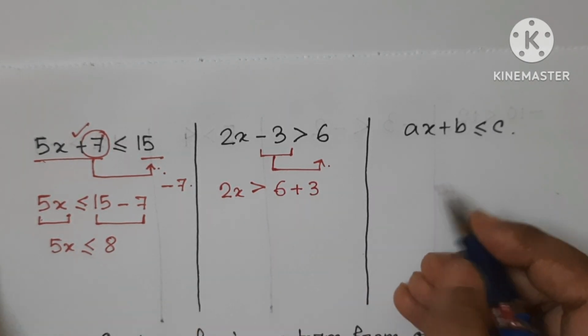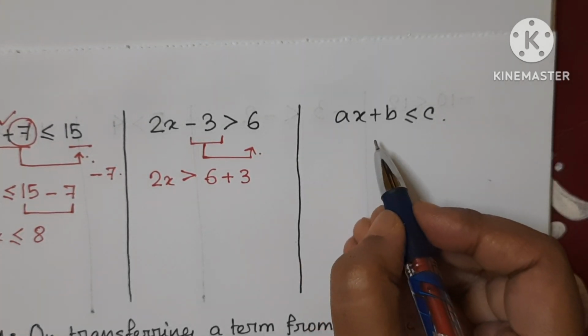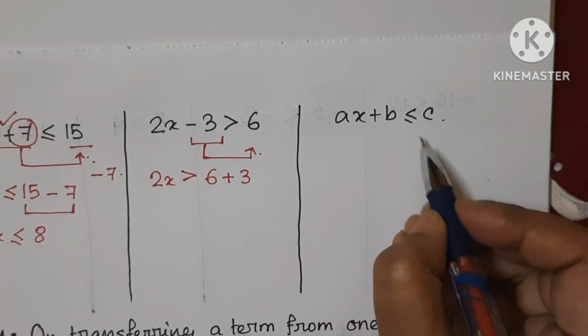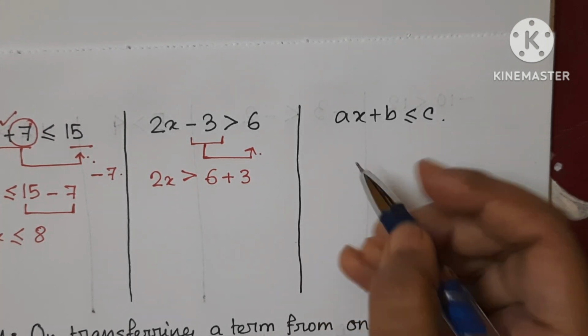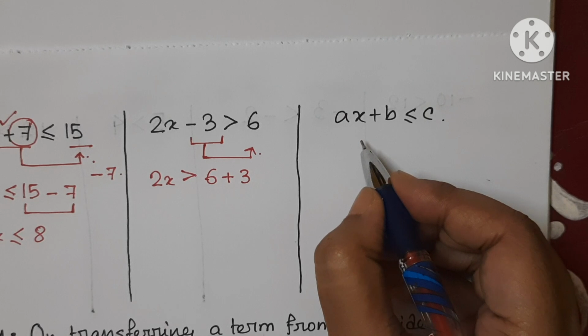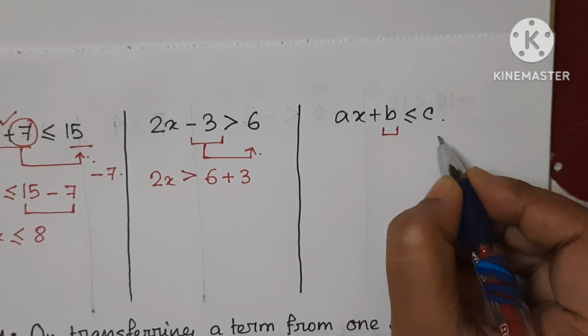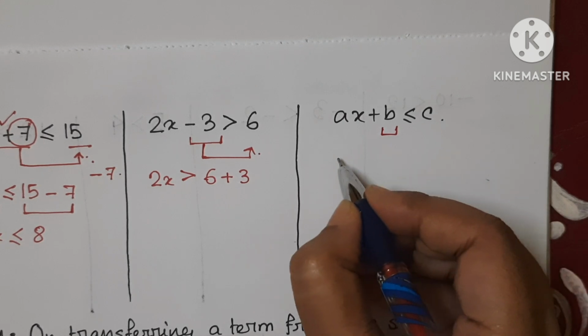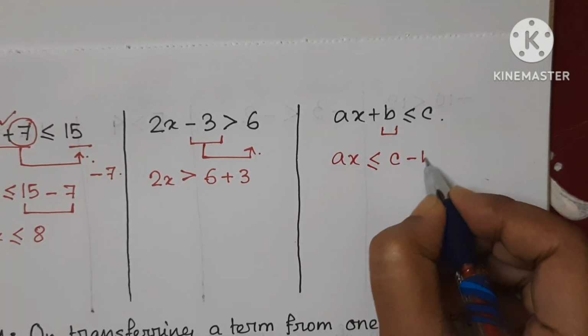So in case of ax plus b less than or equal to c, in this general form, first we will transfer that constant term from the left side to the right hand side. So ax is less than or equal to c minus b.